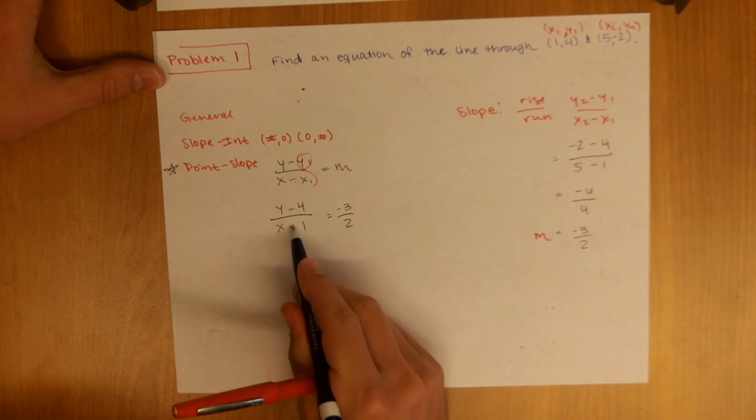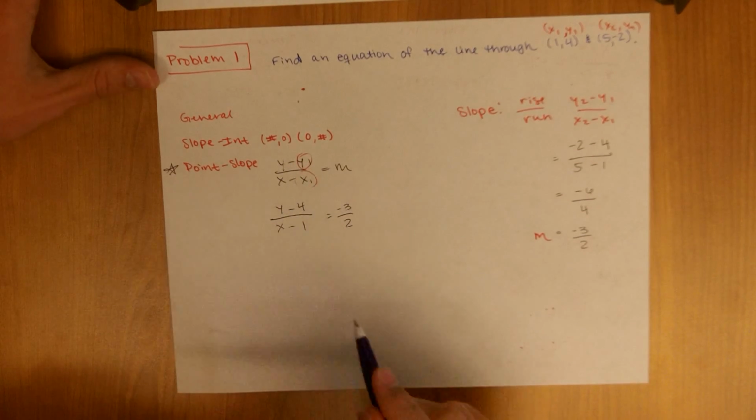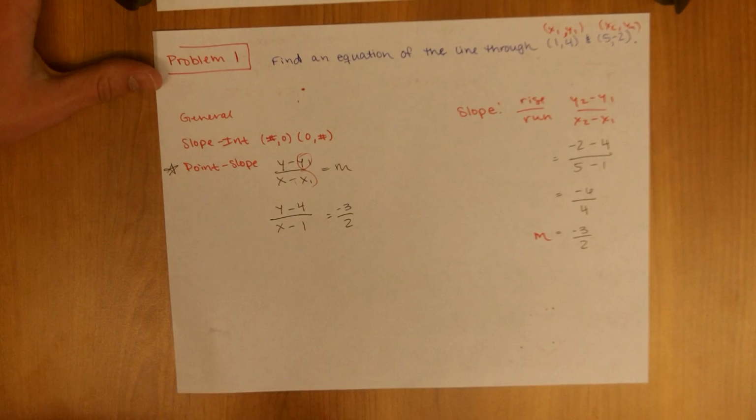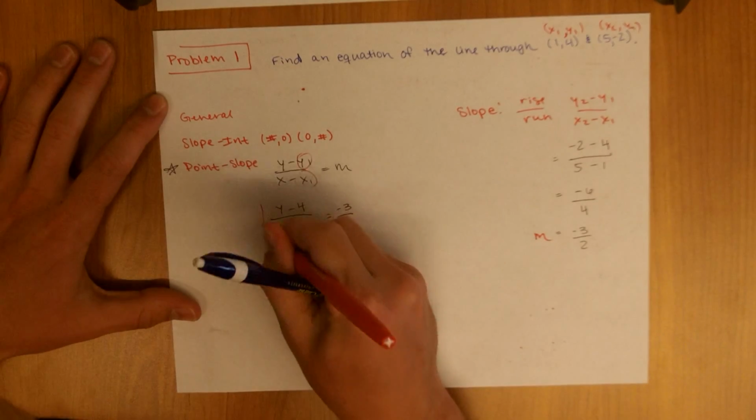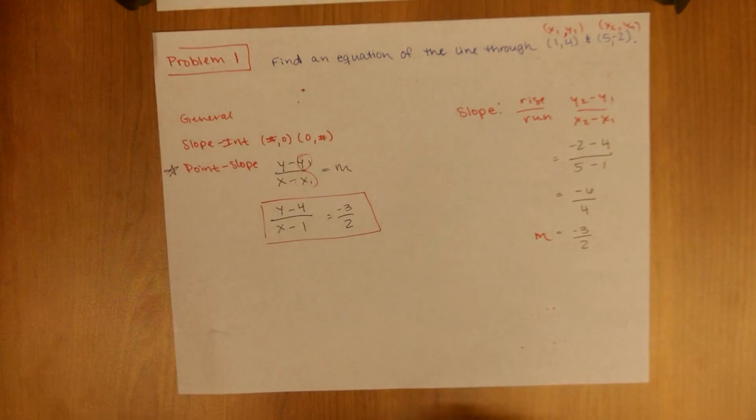Notice the negative signs are there because that's part of what the point-slope form is. You need those negatives in there. And right here, we have our equation. If it asks for general form, you can convert it to general form. If it asks for slope-intercept form, you can convert it to slope-intercept form. But that's all it asked us to do, finding an equation. It didn't say what form, so there, we're done.